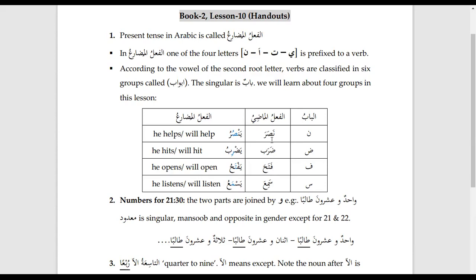So if we want to make the doer on the pattern of nasara, we say nasirun; daraba, daribun; fataha, fatihun; samia, sami'un. This is just a brief introduction of how we will proceed, inshallah. As of now, our focus is only on nasara yansuru, daraba yadribu, fataha yaftahu, and samia yasma'u.